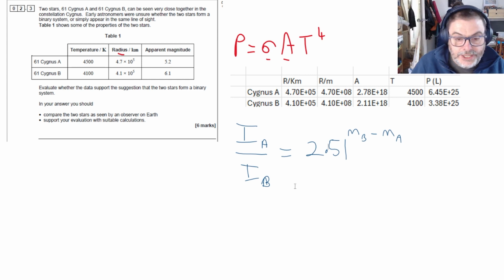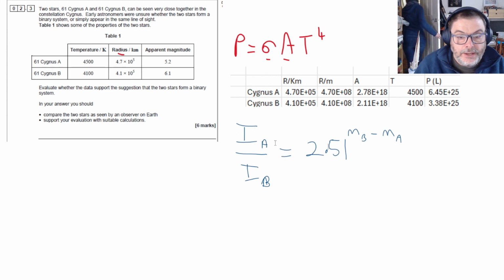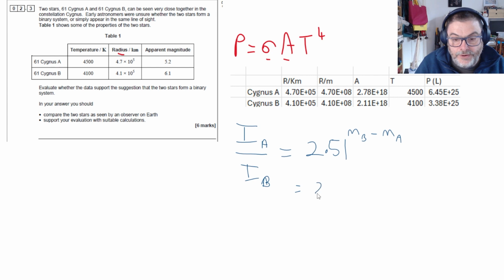So this means that the intensity of Cygnus A over Cygnus B is going to be equal to 2.51 to the power of the magnitude of B, which is 6.1, minus 5.2, which is the magnitude of A, therefore 2.51 to the power of 0.9.